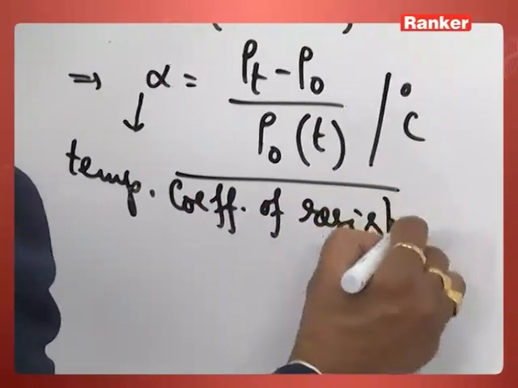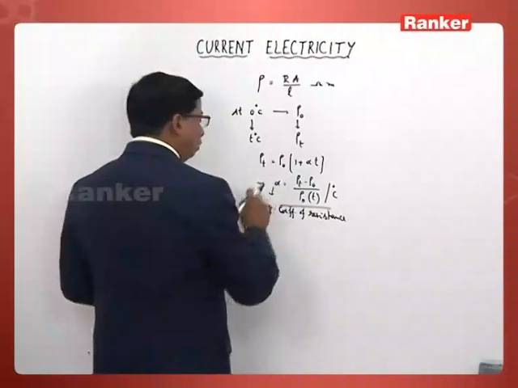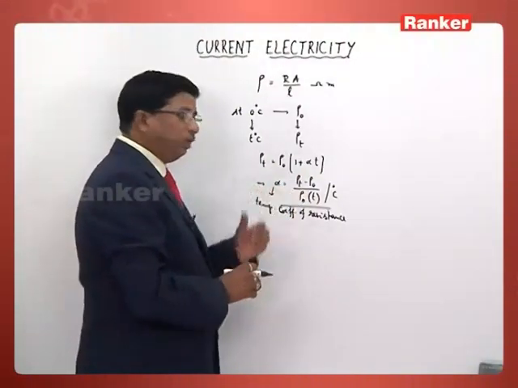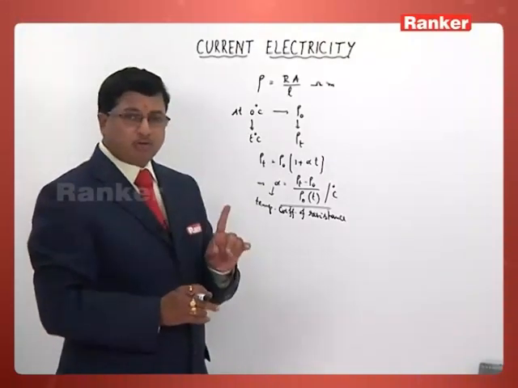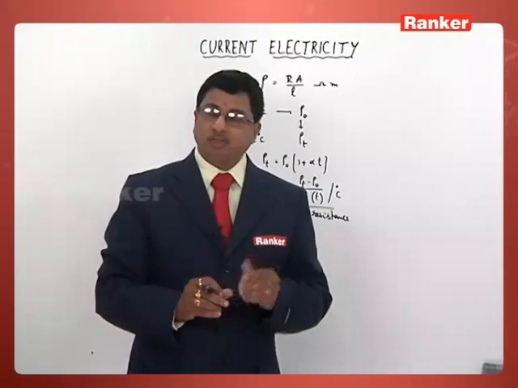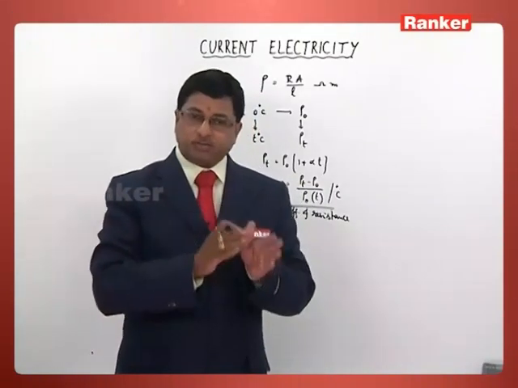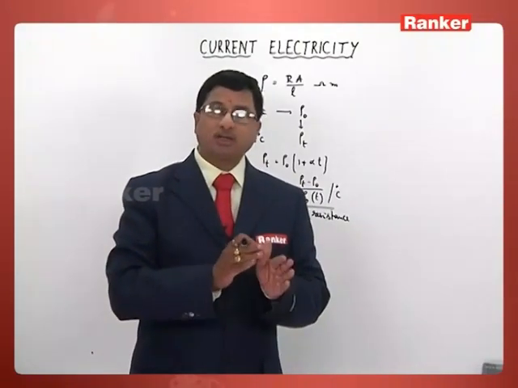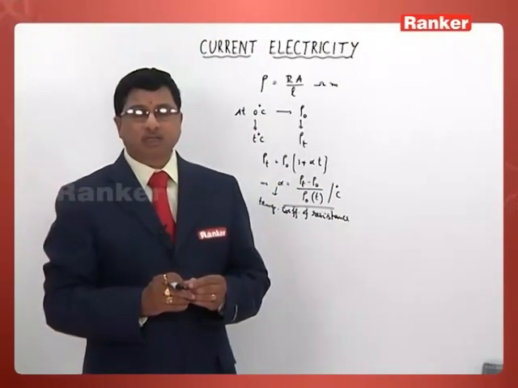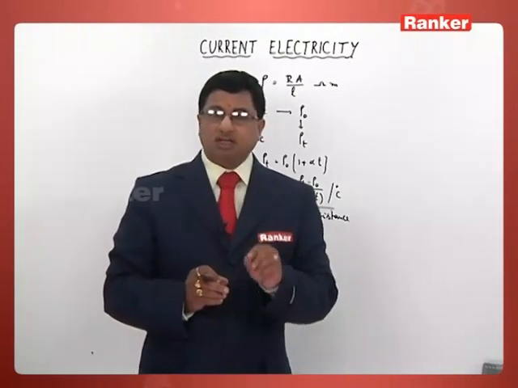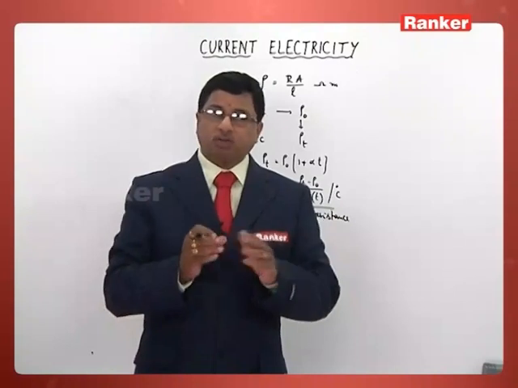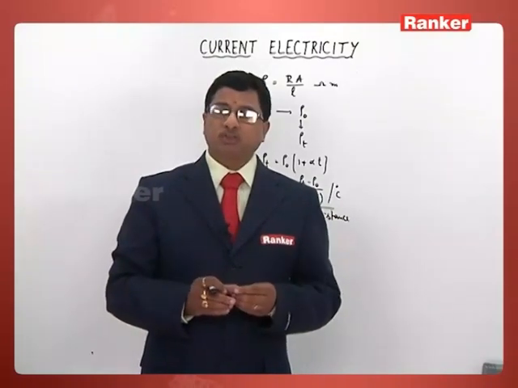That is the value alpha representing here. So this equation is almost similar to the variation of resistance with temperature. Therefore, whether we are considering resistance of the conductor or resistivity of the same conductor, in both cases the influence of temperature remains the same. So that way we can remember both the equations easily.